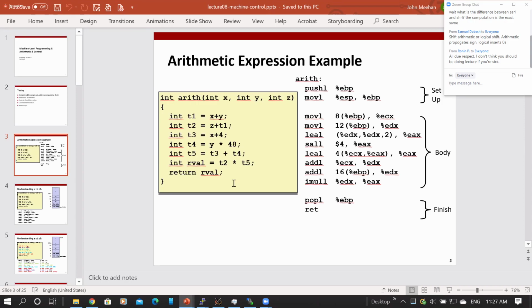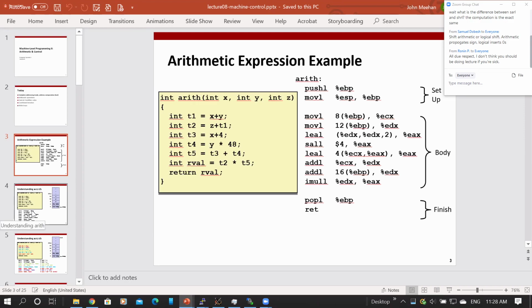The compiler does a bunch of optimizations, and it may decide that it can compute the same thing you're asking to compute easier and quicker by doing it not necessarily in the order that you've got it here. So we want to look at this code here and see how it implements this C code.